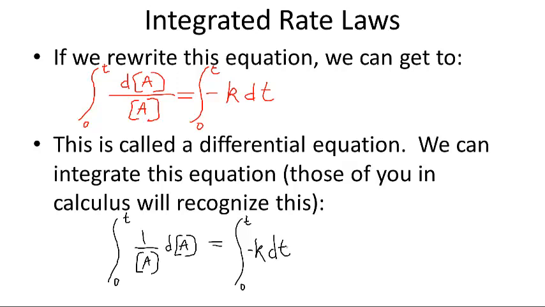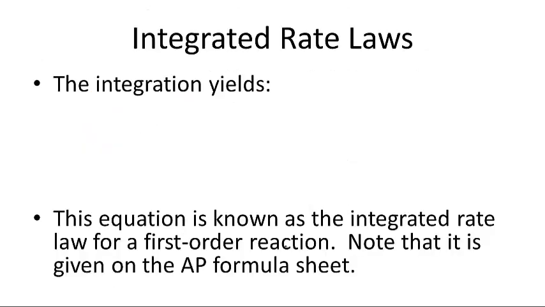Now on the left side, what is the integral of 1 over x, or 1 over a variable? The integral of that is ln. All right. So the integral of 1 over A is the natural log of A. So on the left-hand side, I'm going to get the natural log of A. When you do an integral, one thing you have to do is take the value at the end of the interval minus the value at the beginning of the interval.